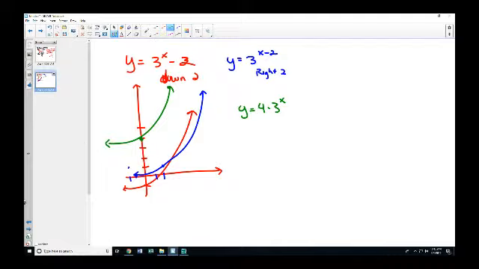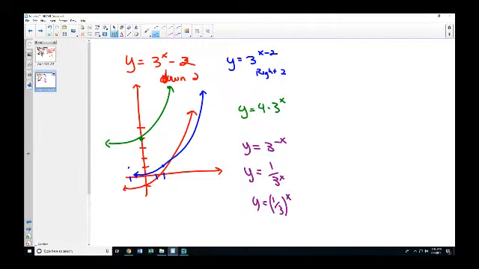Here's a good one. What about this? What does the negative do to an exponential? Is it down below? We can write this such.